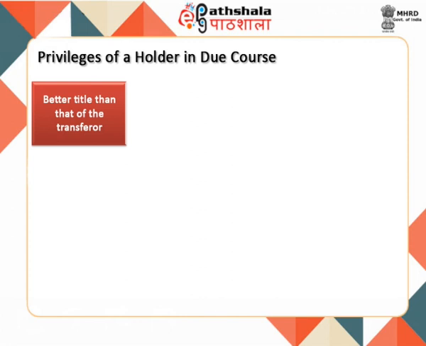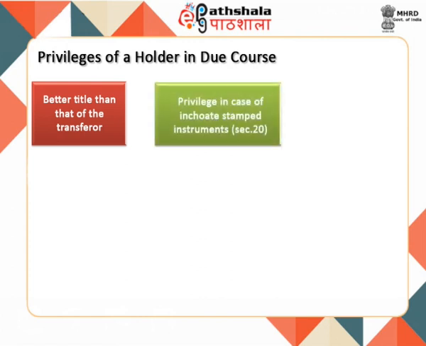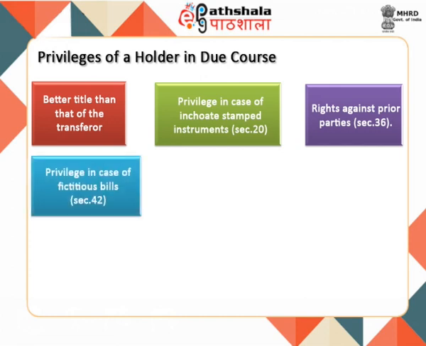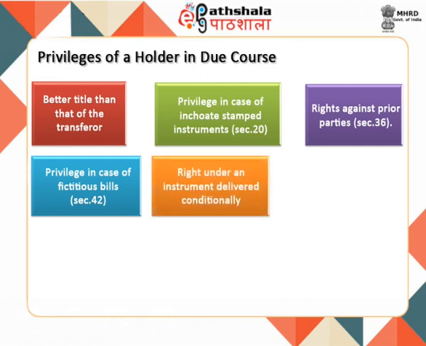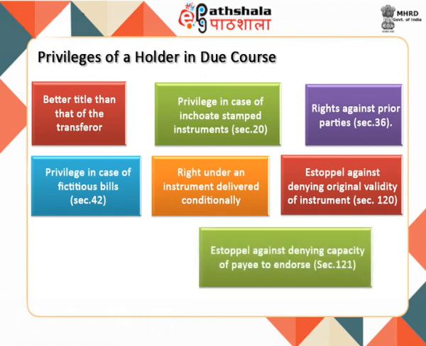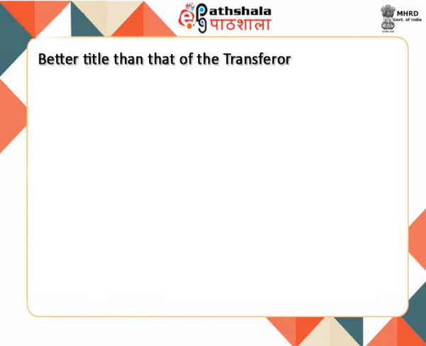These are: the holder in due course would acquire a defect-free title, Section 20; rights against prior parties, Section 36; privilege in case of fictitious bills, Section 42; right under an instrument delivered conditionally; estoppel against denying original validity of instrument, Section 120; estoppel against denying capacity of payee to endorse, Section 121. Let us discuss these privileges one by one.